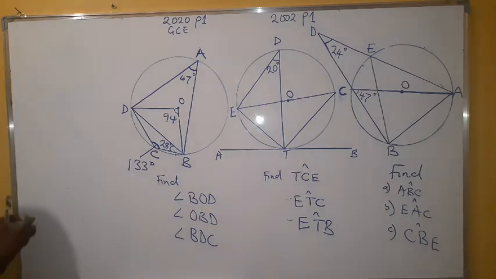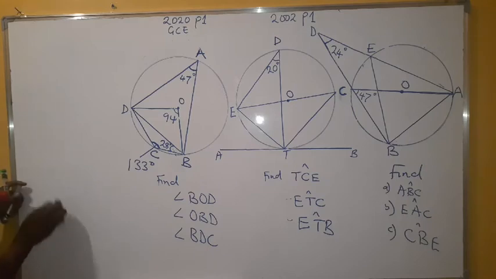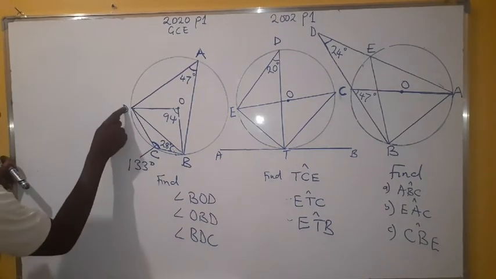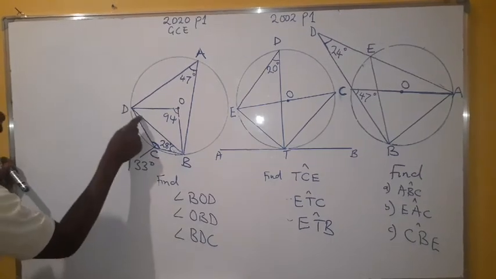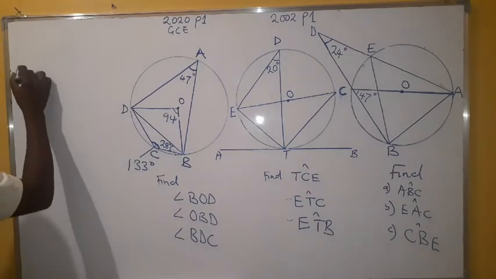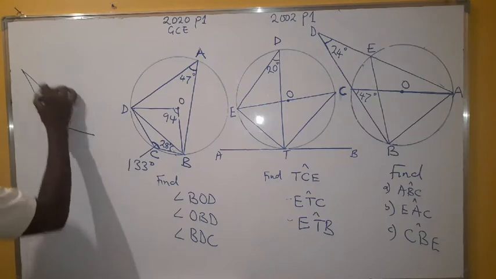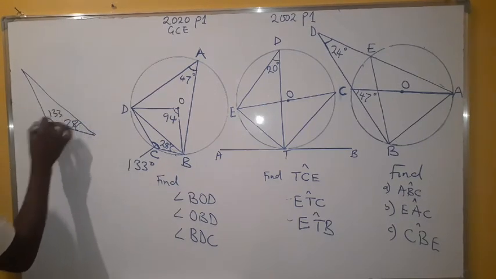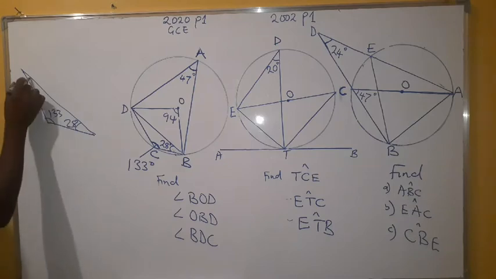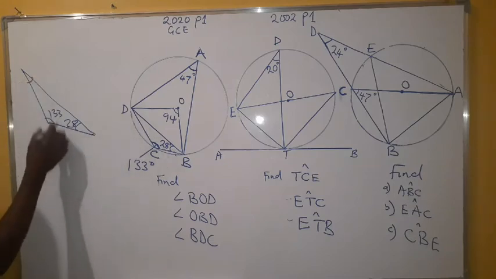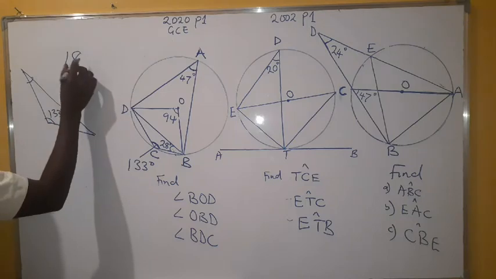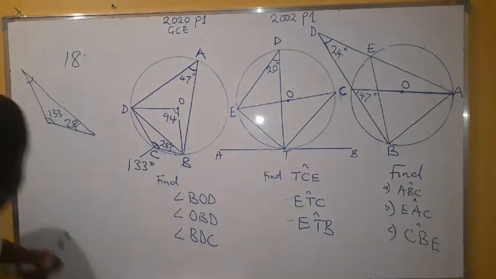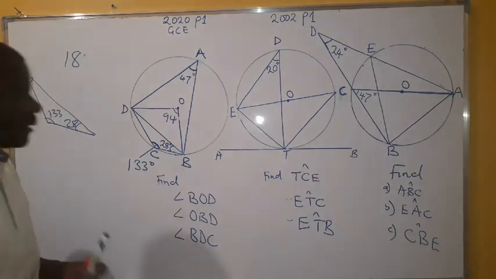Then I'll proceed and say, I want to find this smaller angle here, which is CDB. So we have this case. This is 28, and this is 133. So what are we supposed to do to find this smaller angle here? We know that these three angles add up to 180, angles in a triangle.